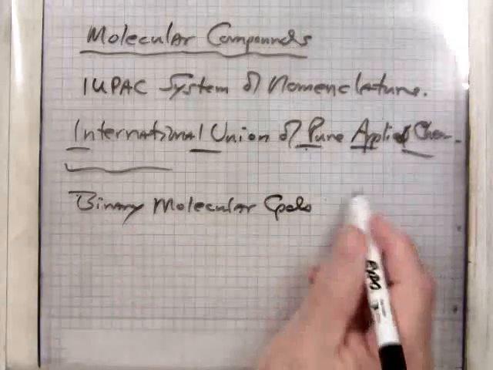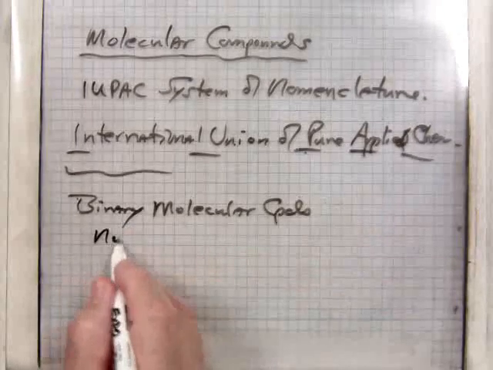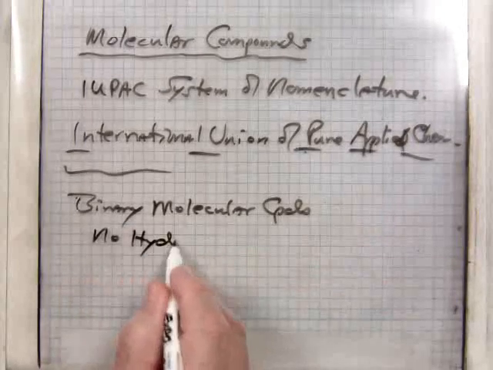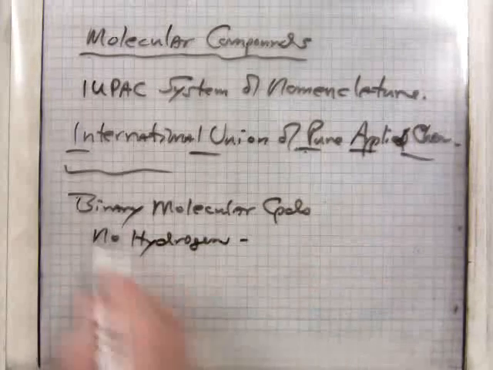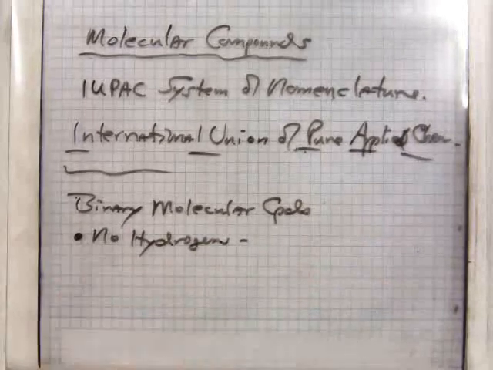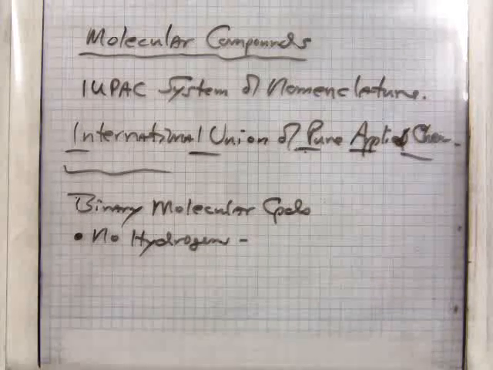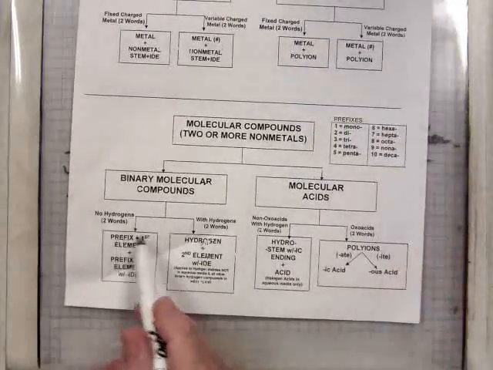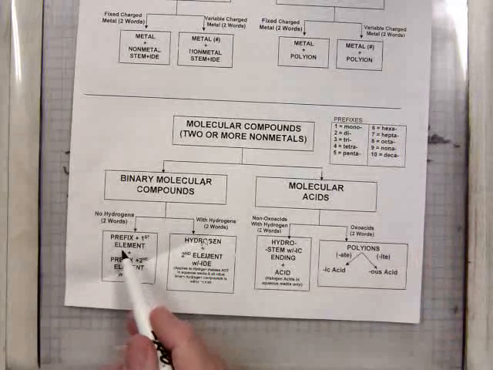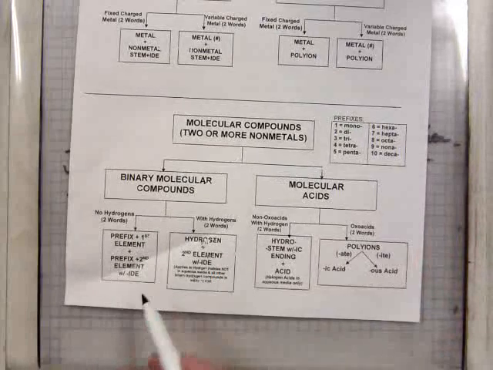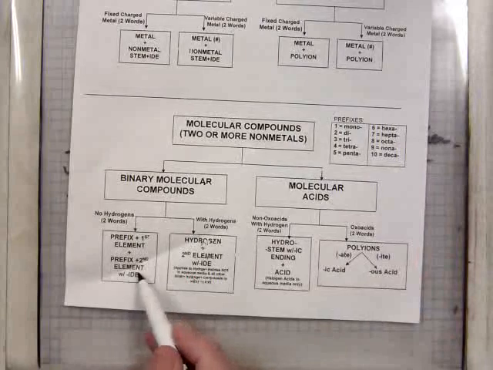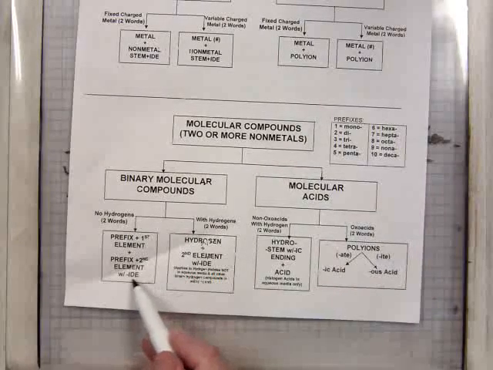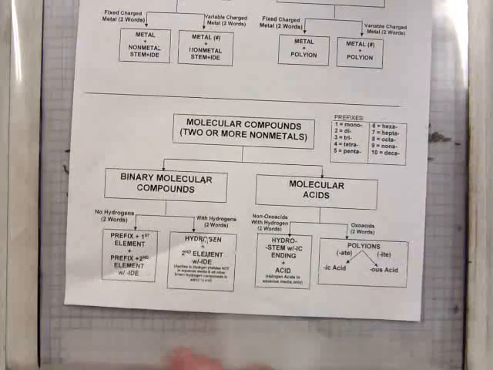And we'll go with the no hydrogen first. Okay. In naming these, you see how I've got it couched in here. It simply names the first element with a prefix if it's more than one, and then follows with the element with an IDE ending indicating that it's by itself.